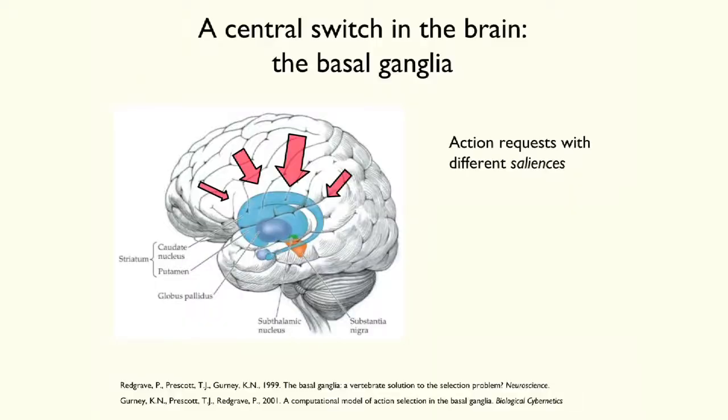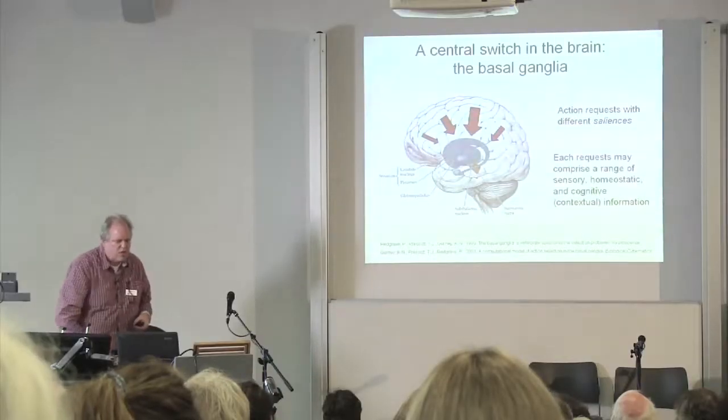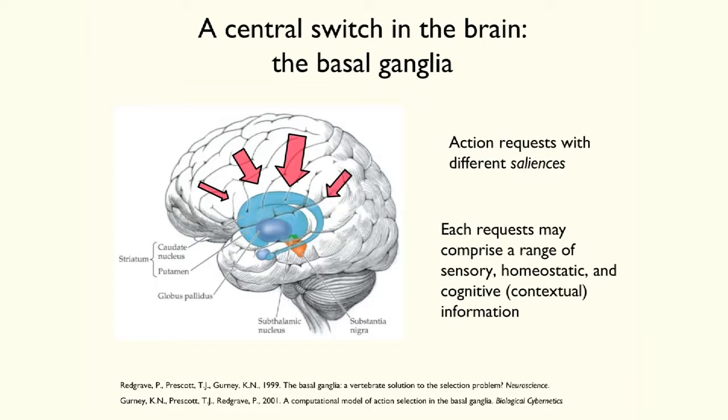And the idea then is that these action requests from all over the brain make themselves present at the basal ganglia, which is listening to these things. These action requests have different saliences, different values, different degrees of urgency, and we choose those actions which have the highest salience at any one time.